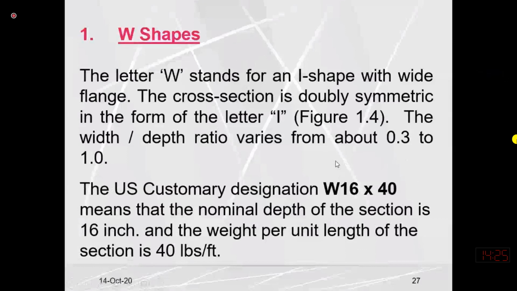So in the market we have maybe 10 types of the W section. All these sections have variable or different thickness of the web, different length of the web, different thickness of the flange, and different width of the flange.